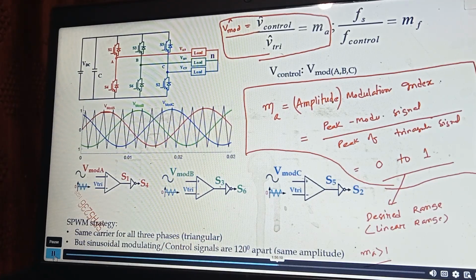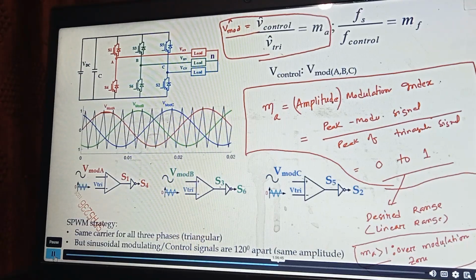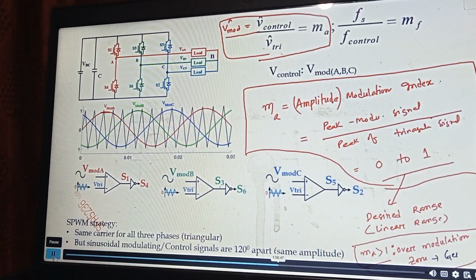So in case your modulating signal peak goes beyond the triangle peak, this is known as the over modulation zone, and we generally avoid it.